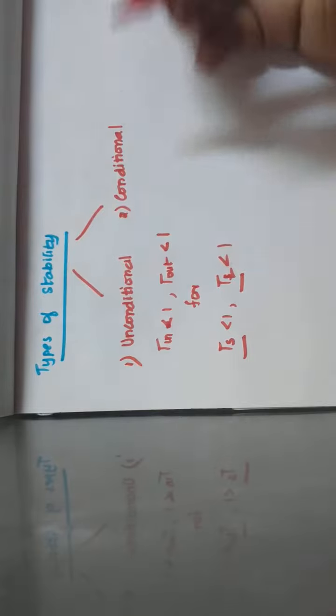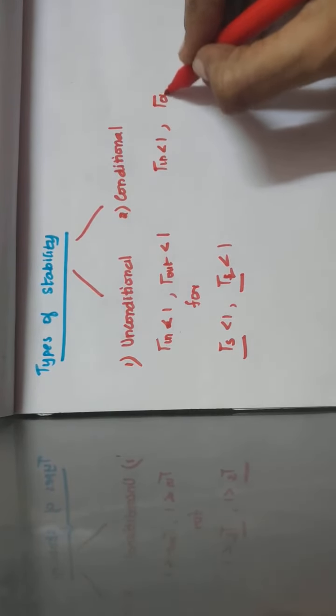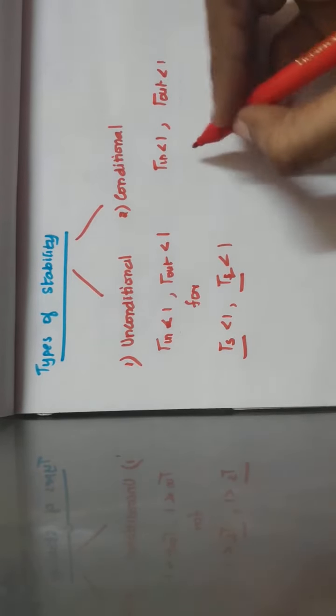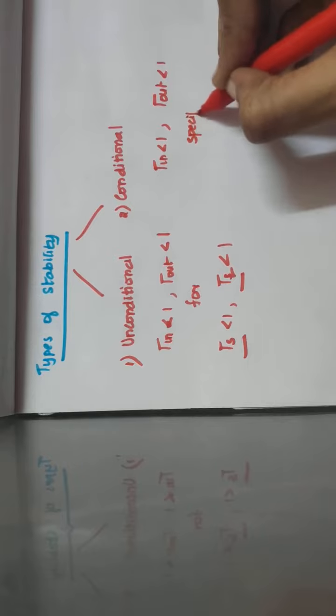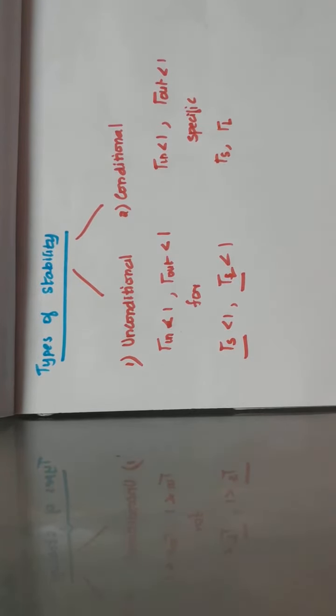Now coming to conditional stability, the amplifier is said to be conditionally stable when tau in is less than 1 and tau out is less than 1, not for all values but only for a specific range of input and output. I'll just repeat what I said.